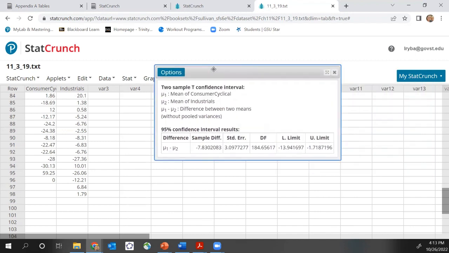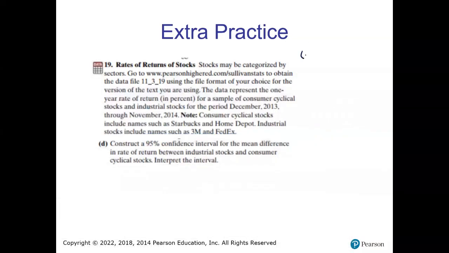So this one is negative 13.94 to negative 1.72. All right, so you've got negative 13.94 to negative 1.72. The last one, we had positives. Positives meant first was bigger. So if they're both positives, first is bigger than second. When they're both negatives, first is smaller than second.